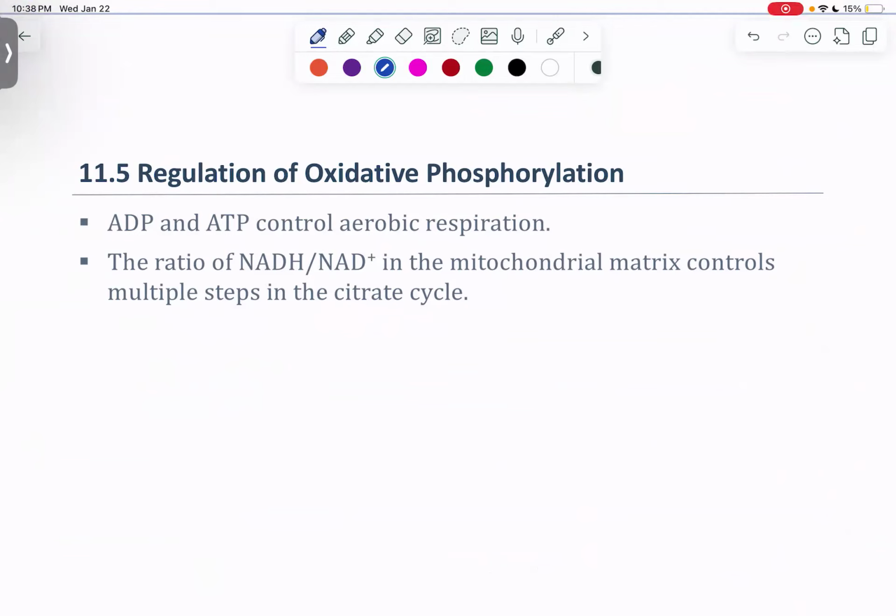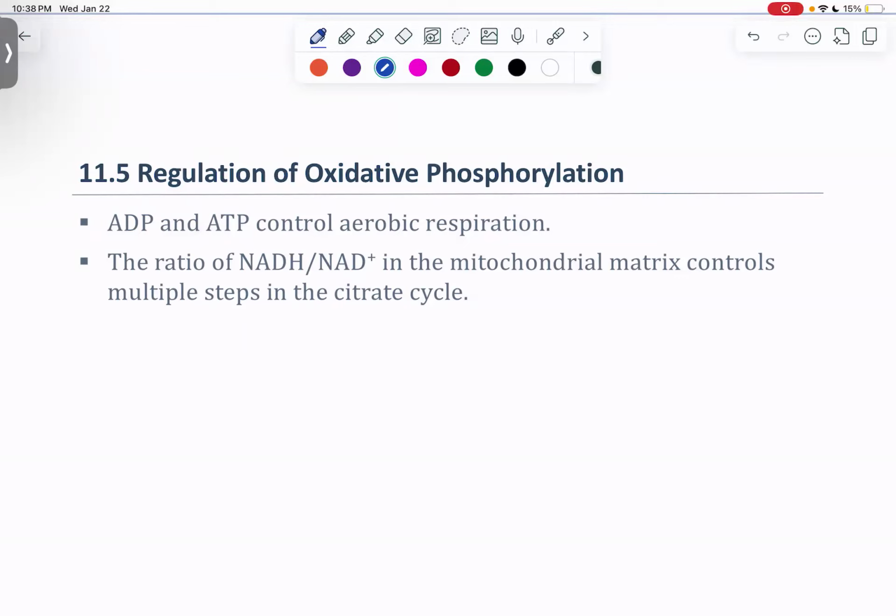So we've already talked in great detail about regulation of glycolysis and of citrate, and so much of it depends on the energy charge of the cell, right? So ATP, ADP ratios, and the ratios of NADH and NAD+. And that's true also in oxidative phosphorylation.